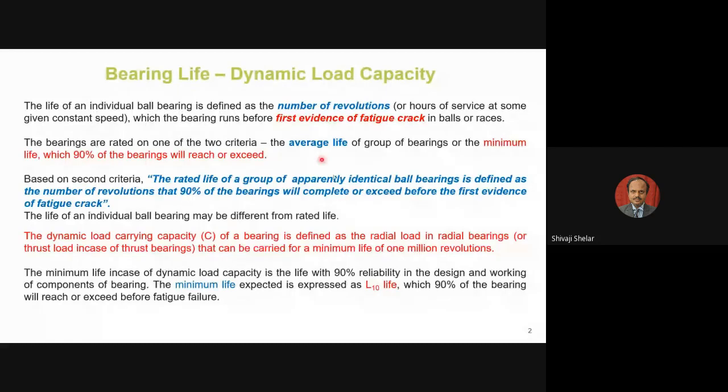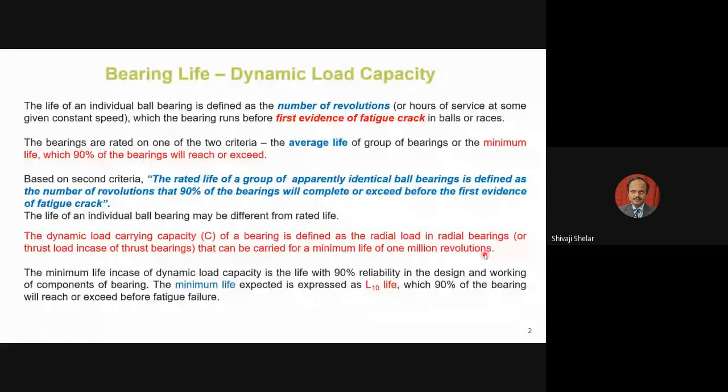Now, based on this rated life, suppose I take a rated life of 1 million revolutions, that is, I want the minimum rated life as 1 million revolutions. Then how much maximum load can I apply on the bearing? That concept is called the dynamic load carrying capacity. The dynamic load carrying capacity of a bearing is defined as the radial load in case of a radial bearing, or thrust load in case of a thrust bearing, that can be carried for a minimum life of 1 million revolutions.